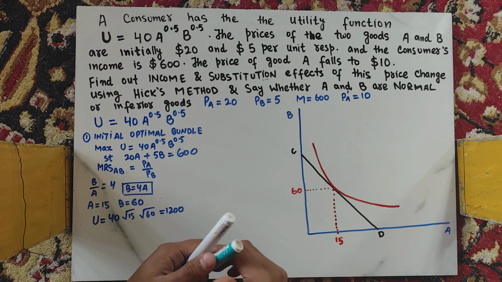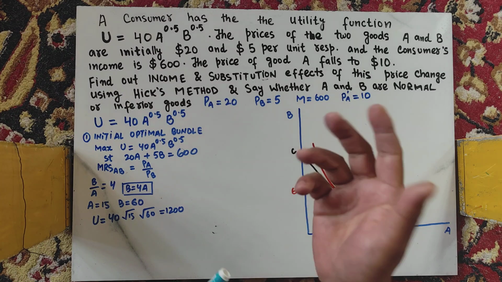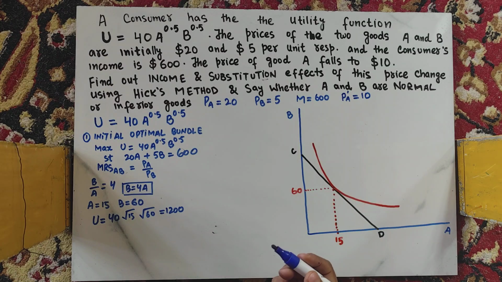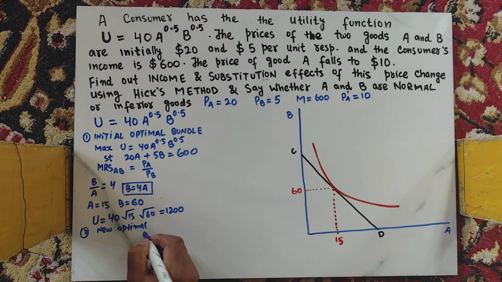Next we need to find out the new optimal bundle. How do we find out the new optimal bundle? The second thing is we need to find out the new optimal bundle.